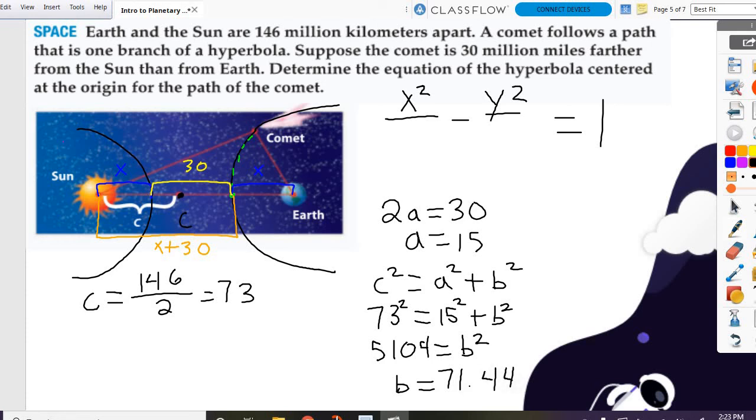So we get that b equals approximately 71.44. If we take our a value and square it, 15 squared gives us 225.